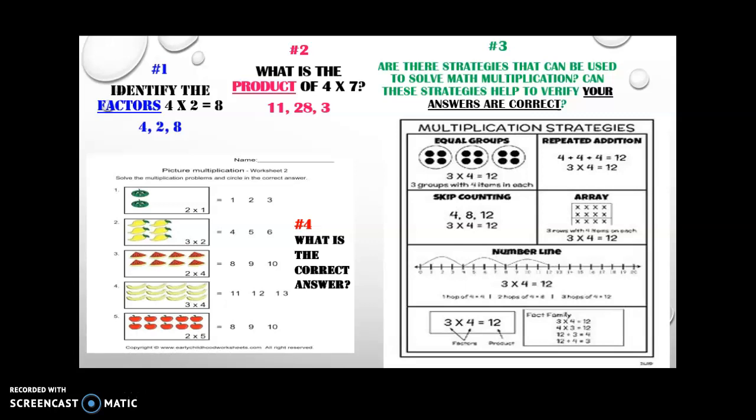You're going to tell me what the product is. You're going to review these multiplication strategies and let me know if you can use them to solve multiplication problems and verify that your answers are correct. And the number 4, the last one, you're going to answer questions 1 through 5.